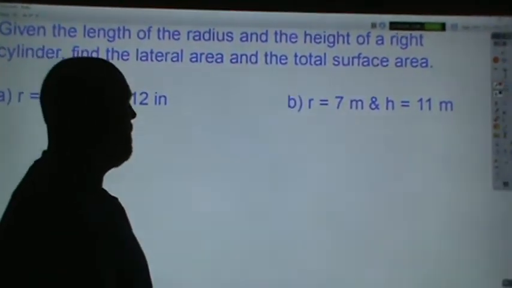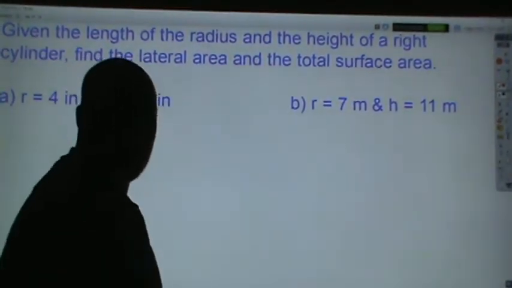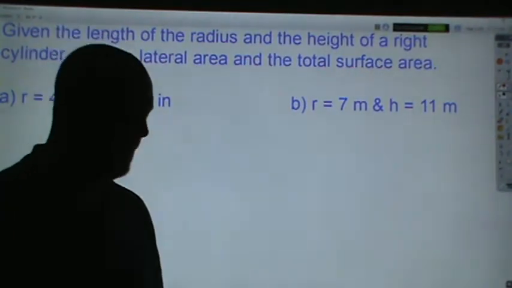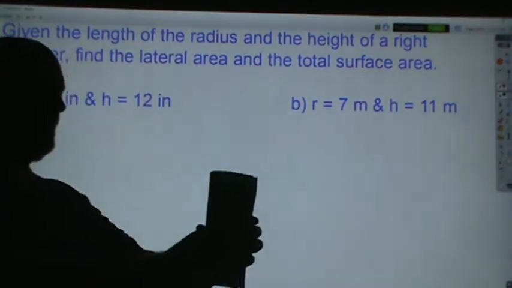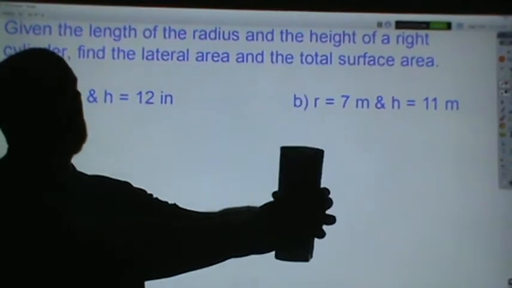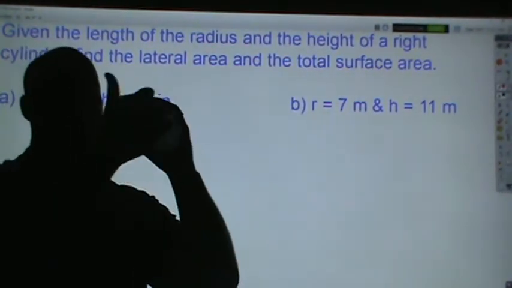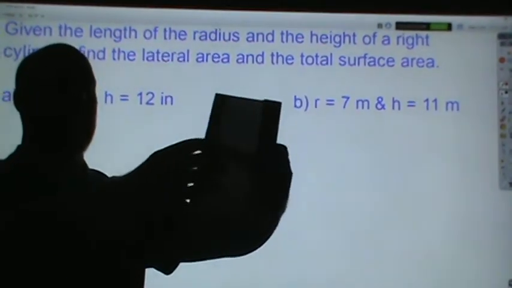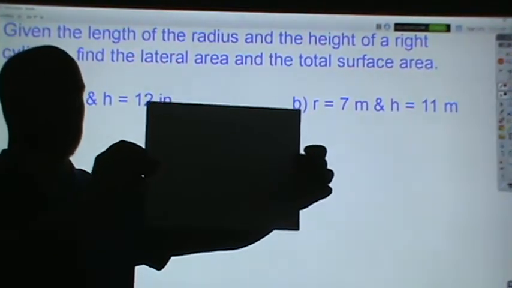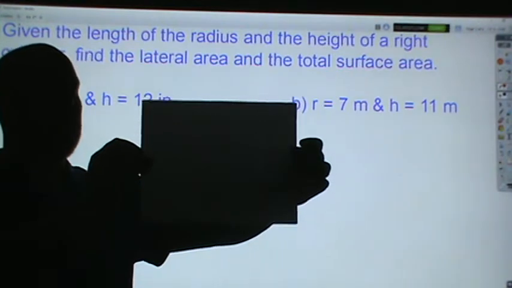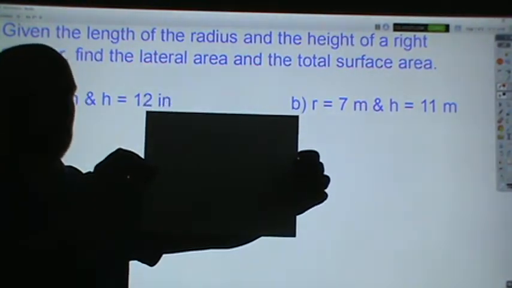So when we open a cylinder, what we get is a rectangle, and hopefully you can see this. We have these circles at our bases, and if we unfold this, we're going to get that rectangular shape in our net if we were to open a cylinder.